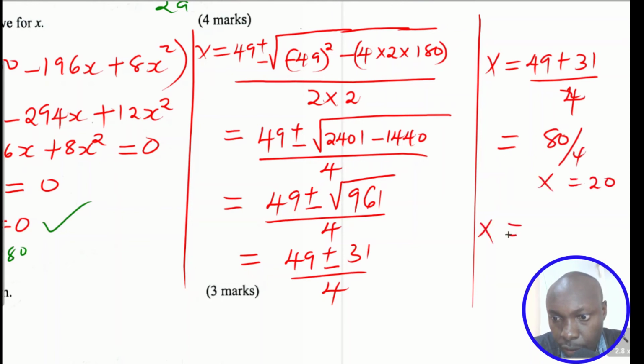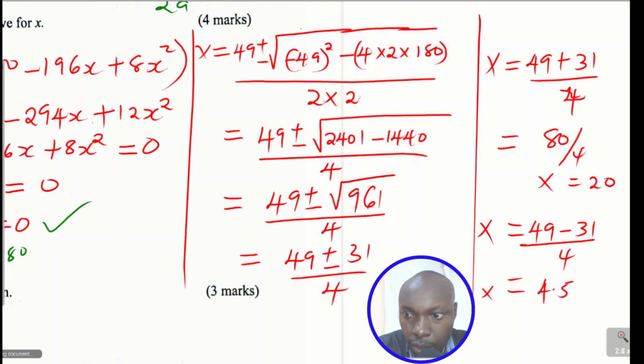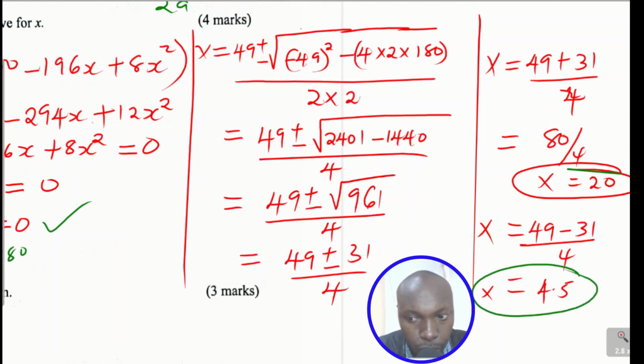The second value of x would be 49 subtract 31 divided by 4, and this will give 18 divided by 4, which is 4.5. So these are the two values of x. So x is equal to 20 and x is equal to 4.5.